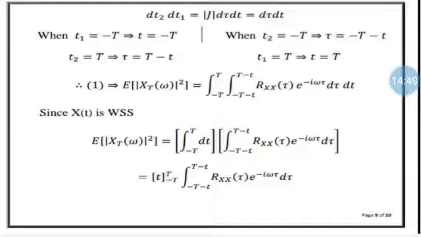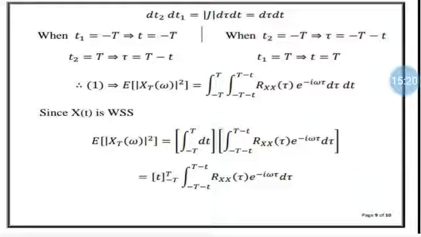Since x(t) is WSS, as given, the expected value of the modulus of X_T(omega) the whole square equals the integral from minus T to T dt into the integral from minus T minus t to T minus t of Rxx(tau) e power minus j omega tau d tau. First integrating the first term with respect to t, we get the integral of dt is t.